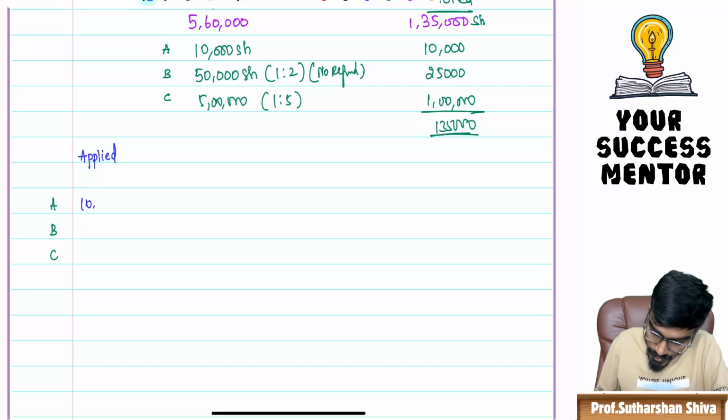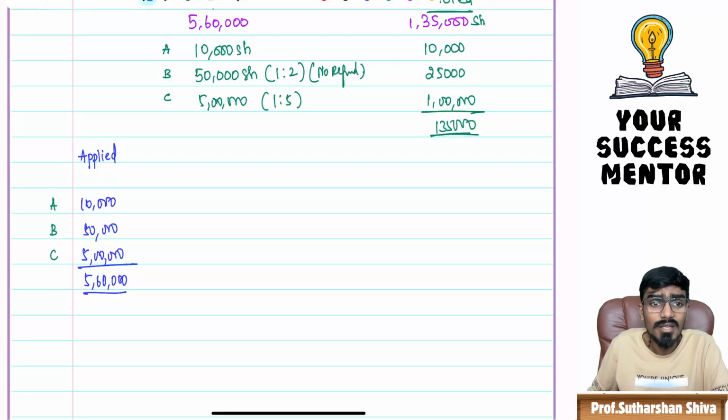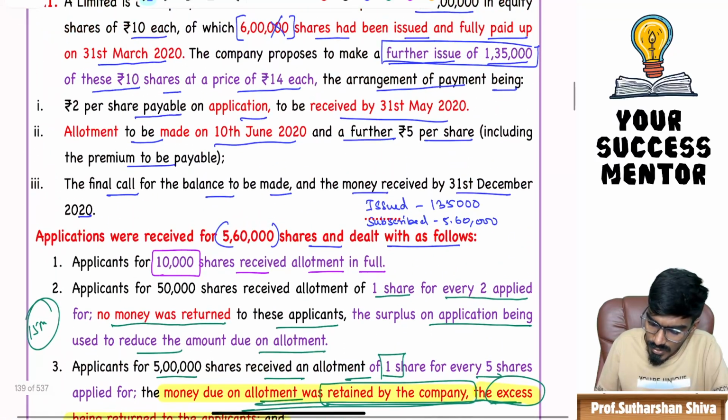Applied 10,000, 50,000, 5 lakh. Correct? So it eventually gives you 5,60,000.